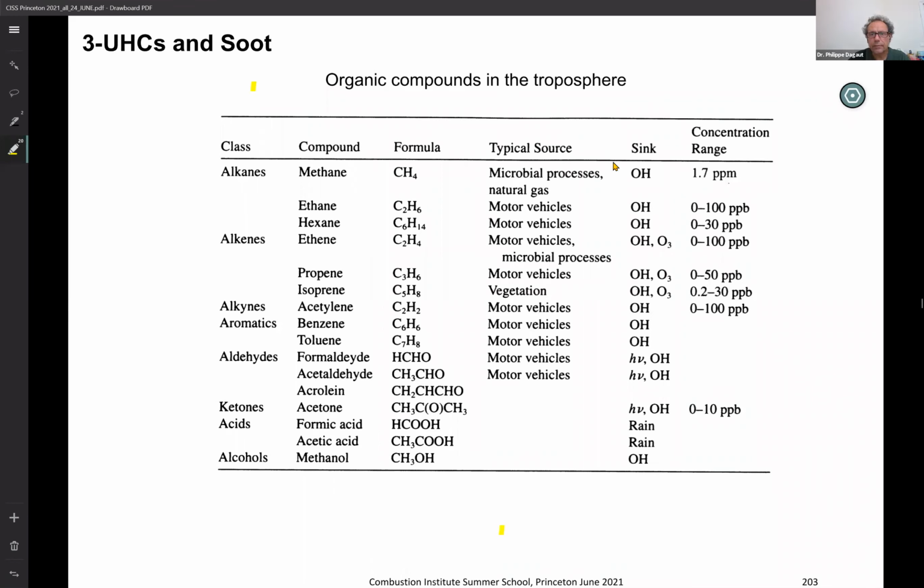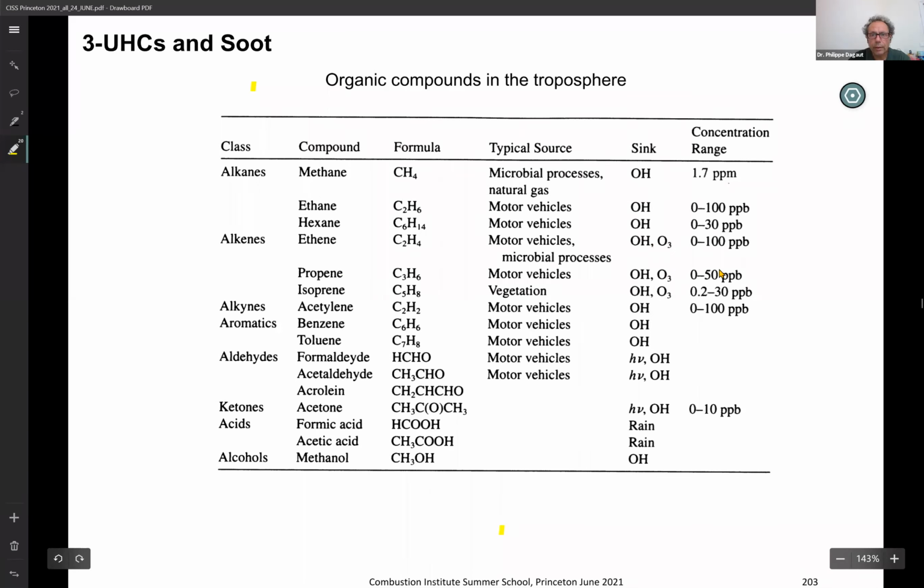You can see that for most of these species, their natural destruction proceeds through reaction with OH radicals. For unsaturated hydrocarbons, the reaction with ozone is also important.